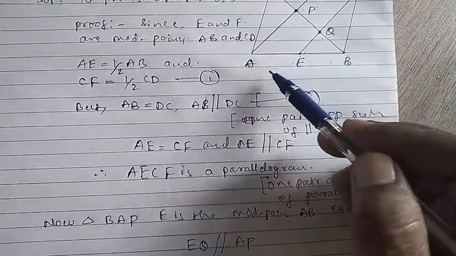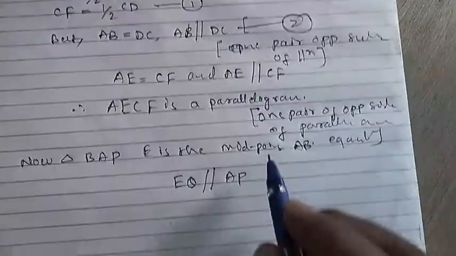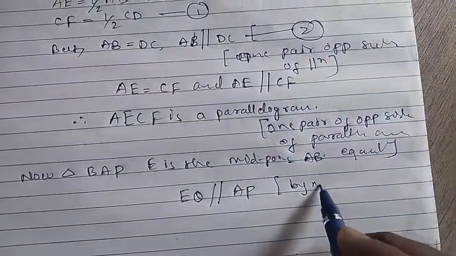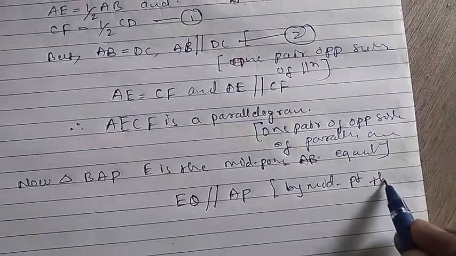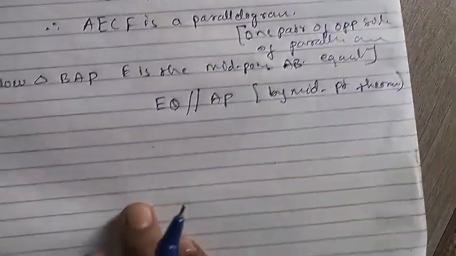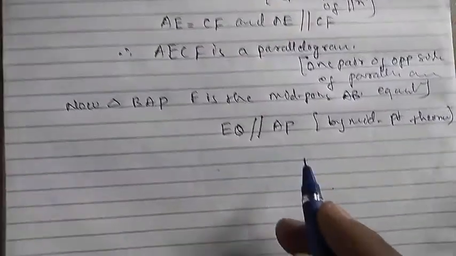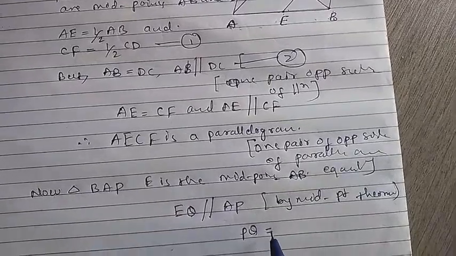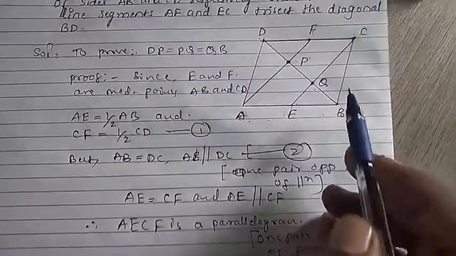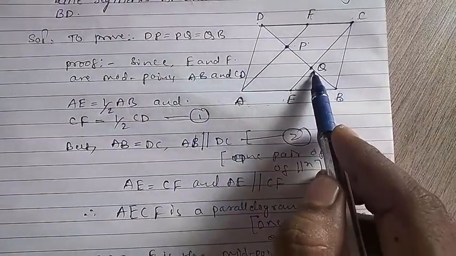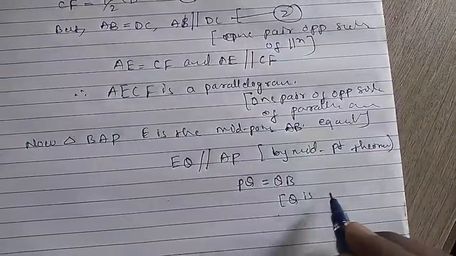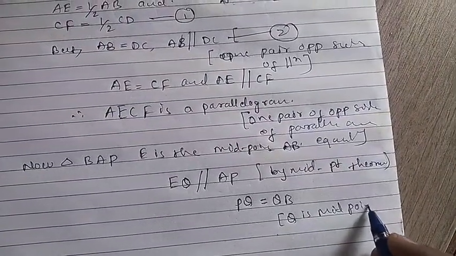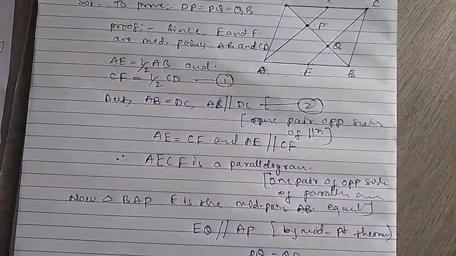So according to the midpoint theorem, EQ is parallel to AP. You have to write here, by the midpoint theorem. Clear? Now similarly, therefore you can say that PQ is equal to QB. PQ is equal to QB because Q is the midpoint of PB. So you can write here PQ is equal to QB.